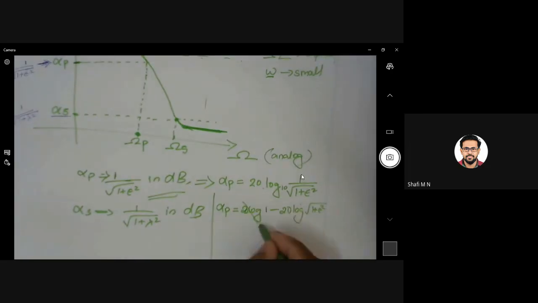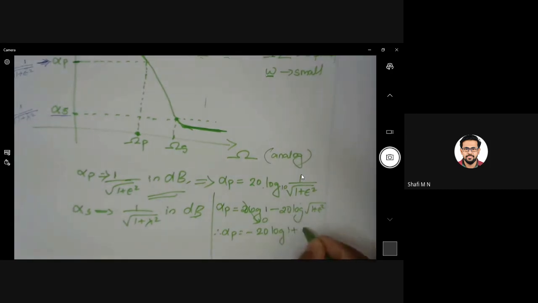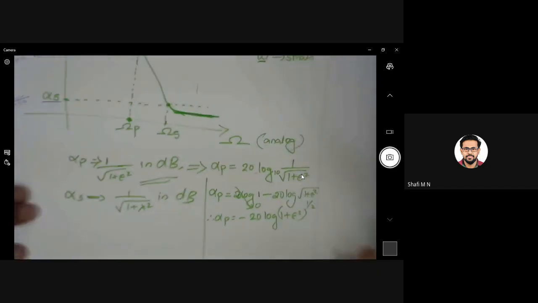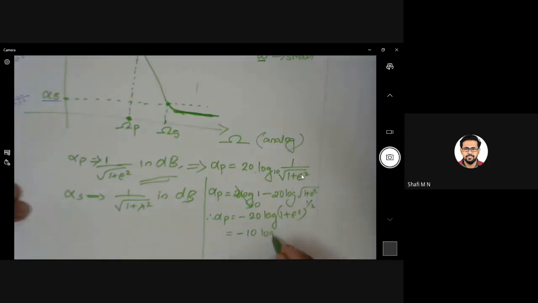Log 1 is 0, so this term will become 0, which implies alpha P equals minus 20 log 1 plus epsilon square, raised to 1 by 2. The 1 by 2 cancels here, so that is equal to minus 20 by 2, which becomes minus 10 log 1 plus epsilon square.